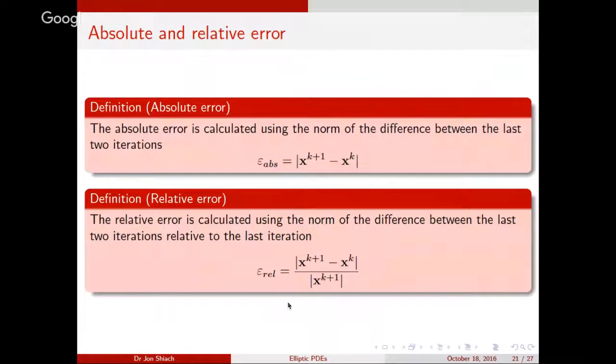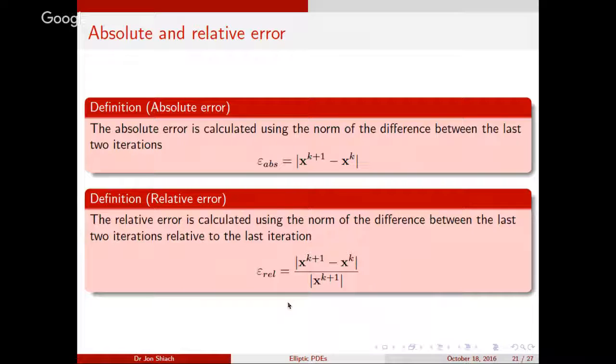There are actually a couple of different types of errors we can use. Well, there are quite a few, but the main ones fall under one of these two. We've got the idea of an absolute error. Absolute error is just a norm of one estimate minus the other. It's called absolute because if these were just single values, this would be equal to the absolute value of their difference.